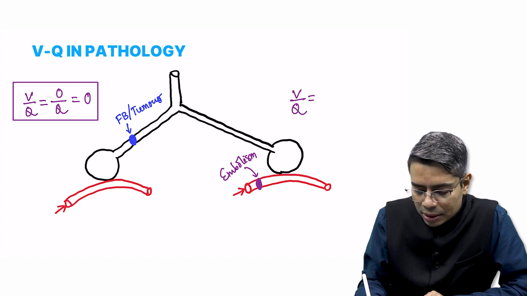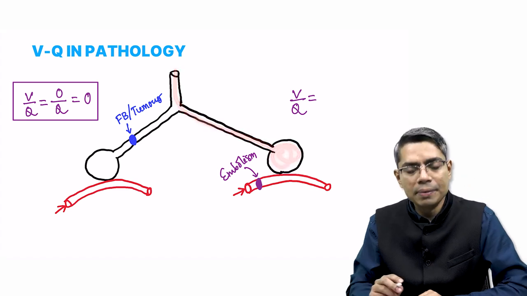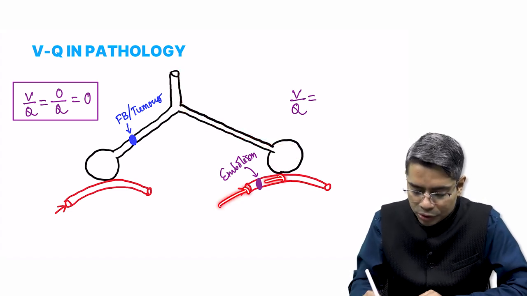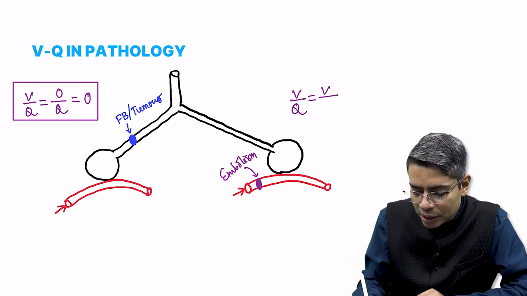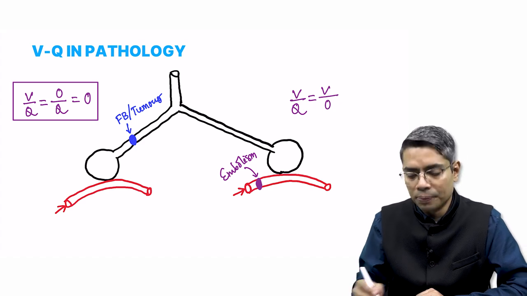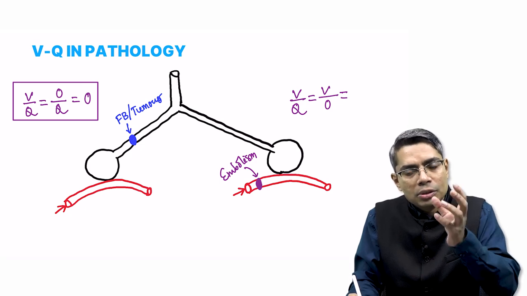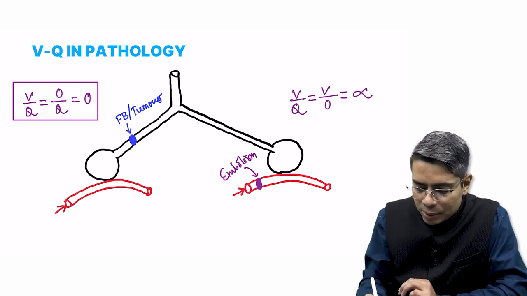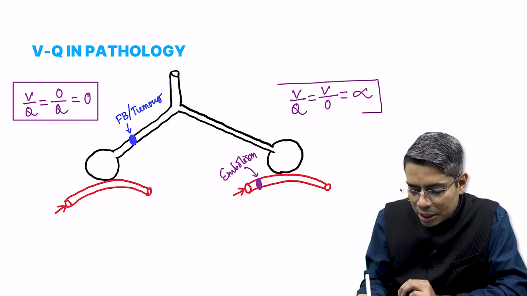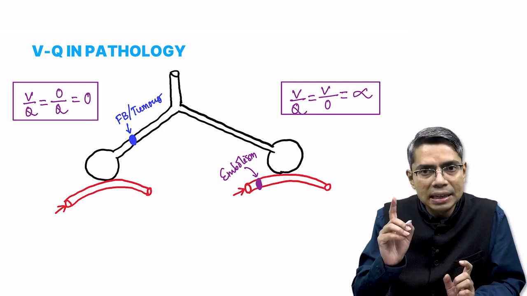In this condition, the air is going to enter inside this alveolus, but the blood is not going to reach this alveolus. So the ventilation is normally continued, but perfusion is equal to 0. So ventilation, a certain number, upon 0. Something upon 0 is infinity, meaning in this alveolus where embolism is completely blocking the blood flow, the VQ ratio will be infinity.